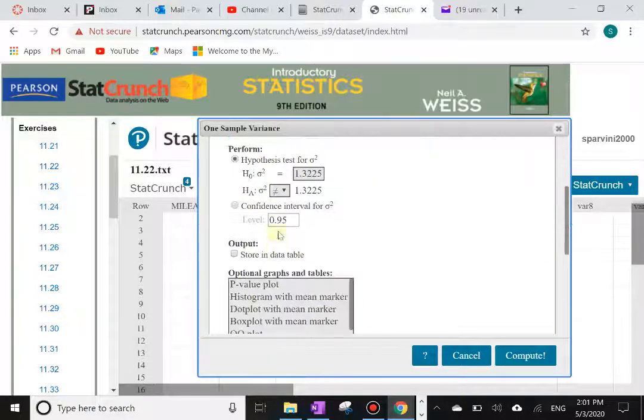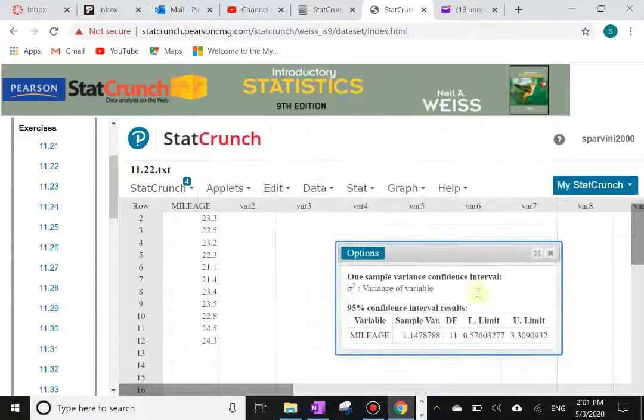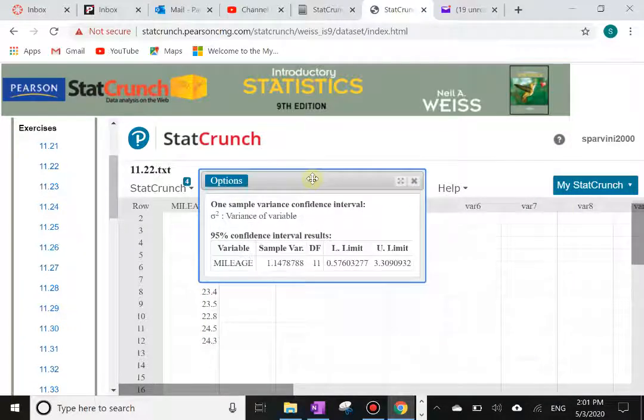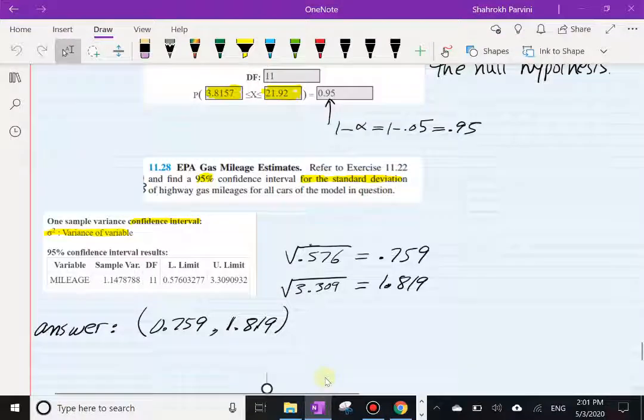I'm just going to change that to confidence interval, and I believe our confidence level was 95 for this. Compute, and exactly the numbers we got before. Remember, these are variances. These are limits on variance. We need to take the square root of these two numbers, this one and this one, in order to get the answer they're looking for.